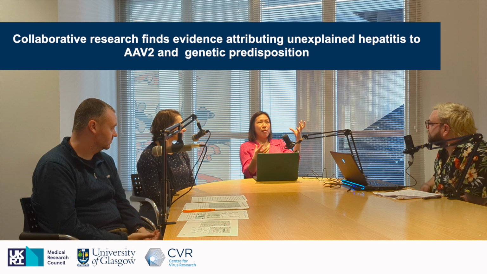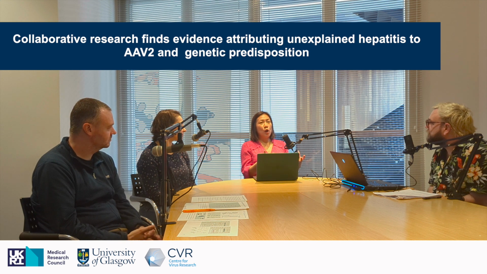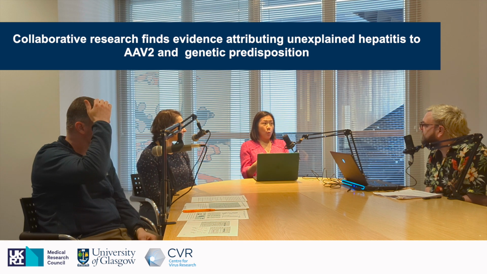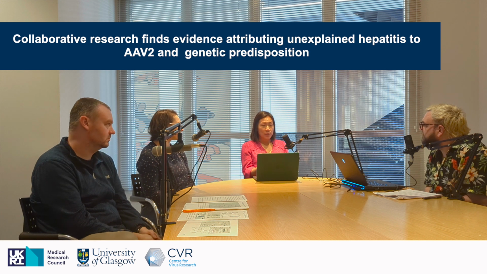But comparing 81% and 7% doesn't give you all the information. We also did viral load. Basically, we found that the cases that are AAV2 positive had much, much higher viral loads, both in the blood and also in the liver.